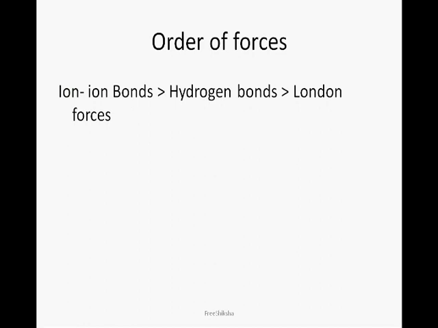It was not covered in the previous video, so I need to tell you what ion-ion bonds are. What happens is, in a solution a compound breaks up into two types of ions, positive and negative ions.